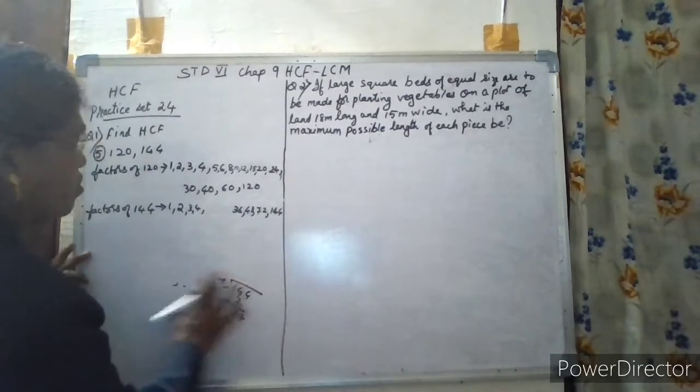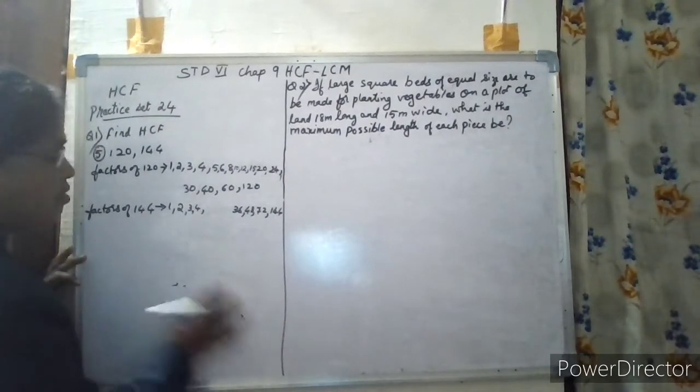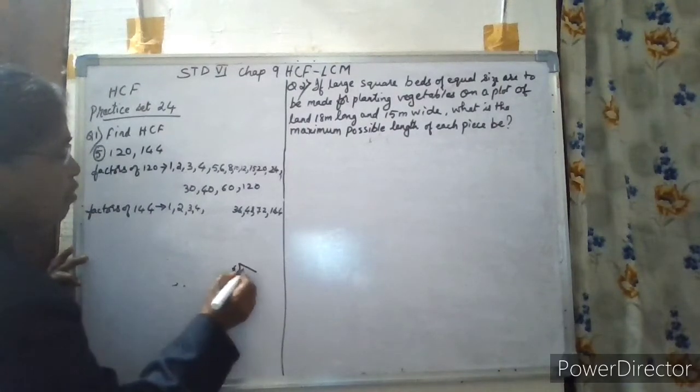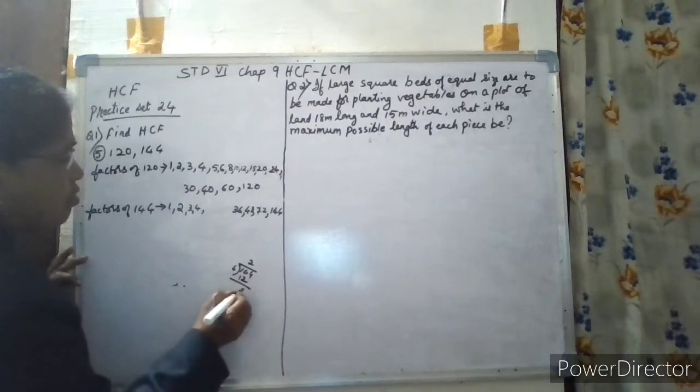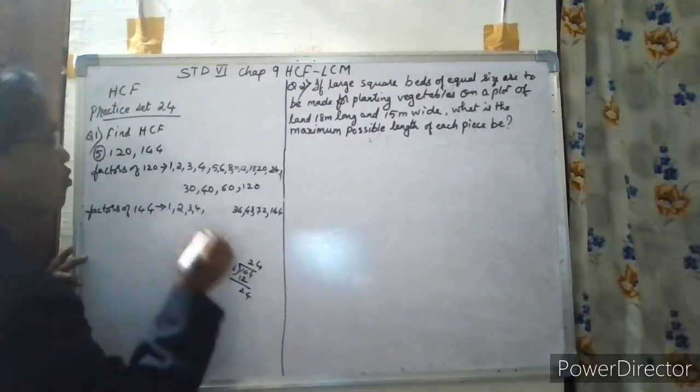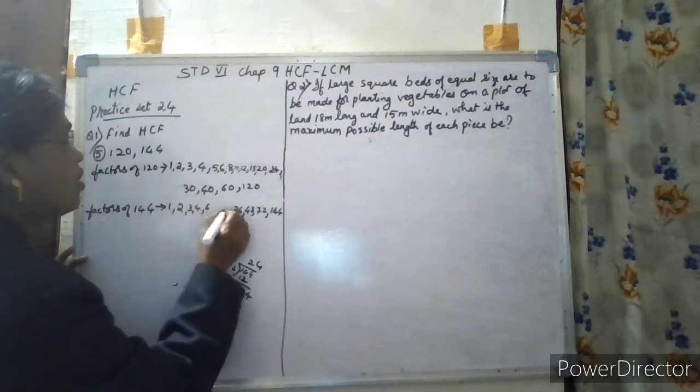5 won't go. 6, let us divide by 6 and see. 144 divided by 6 is 24, so 6 and 24.